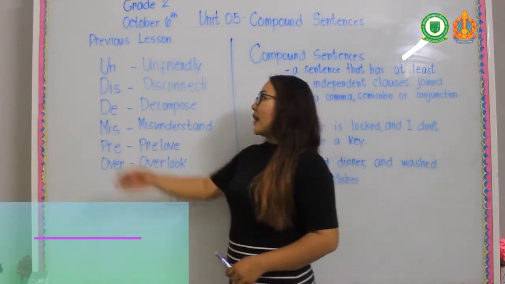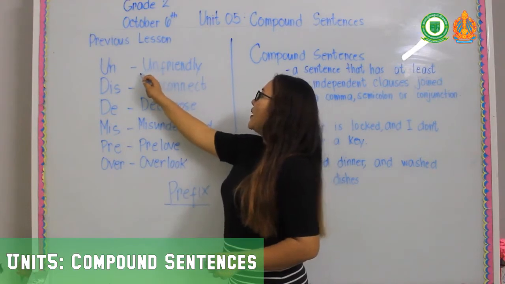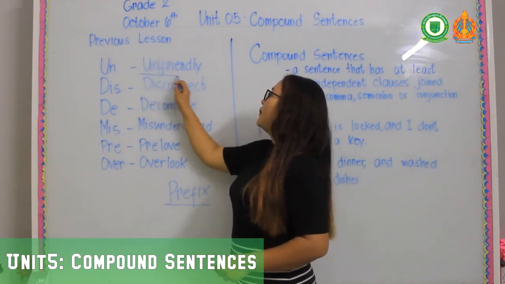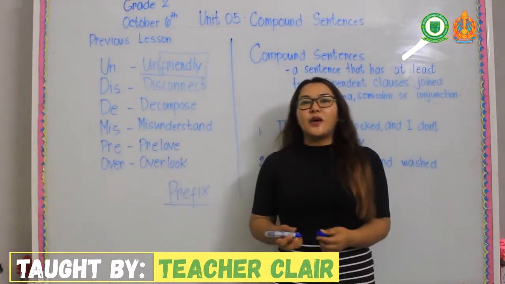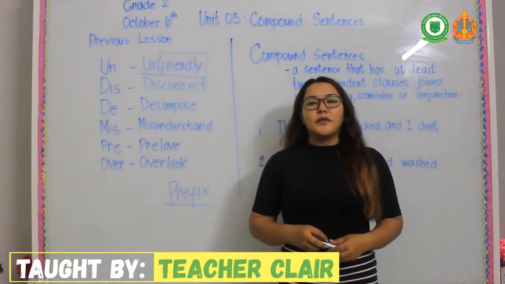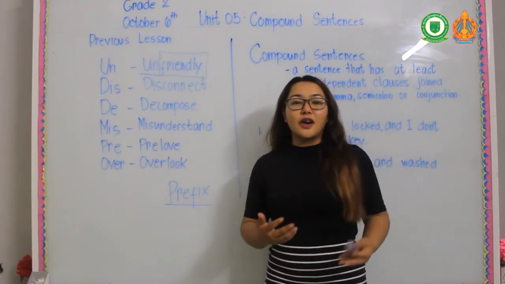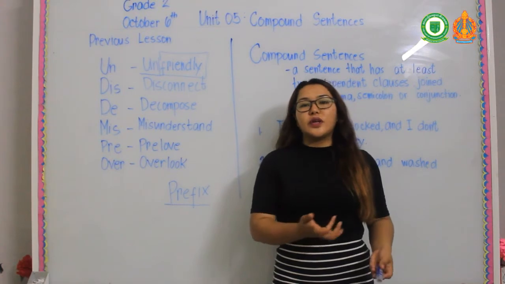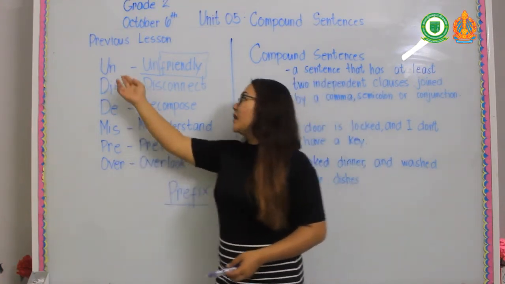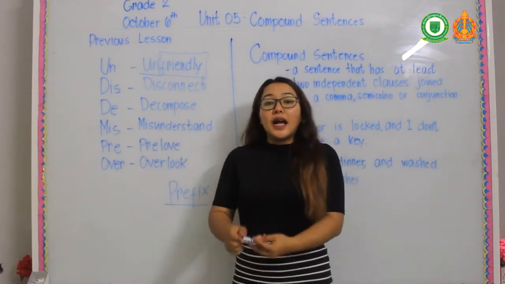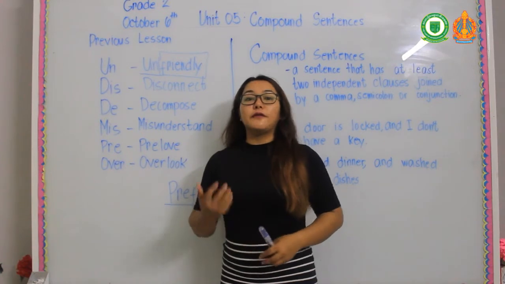Alright, so let's have unfriendly. So the prefix is this one, and this is the base word, right? Friendly. Whenever you meet some people, you become friendly, you talk to them, you share stories and everything. But when you add the prefix un with the word friendly, it will become unfriendly, which is the opposite of friendly.